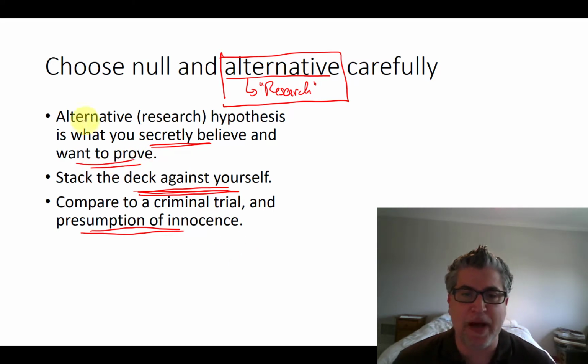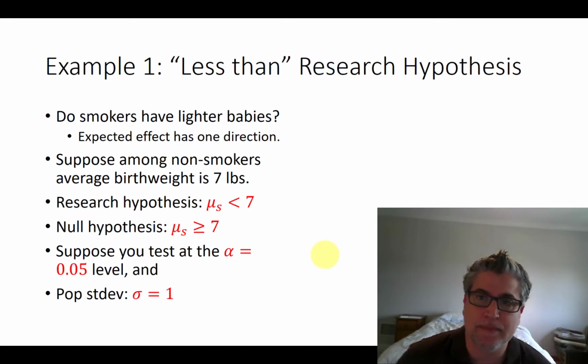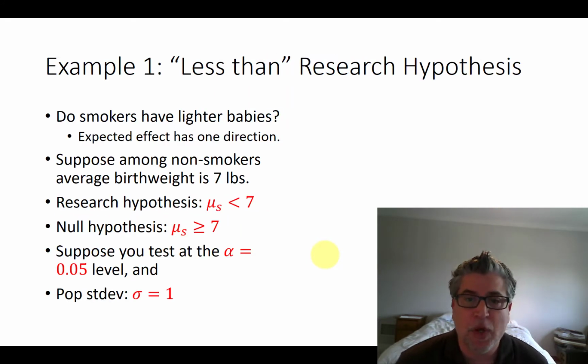So just try to keep in mind this first particular thing, that the research hypothesis is what you actually want to prove. I think if you keep that in mind, everything else will be a whole lot simpler. So here's an example. Do smokers have lighter babies? We know that smoking causes a whole bunch of different adverse health effects.